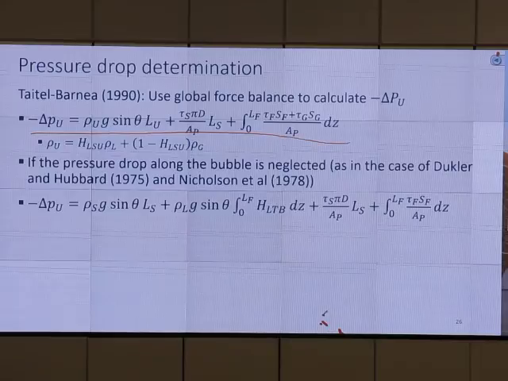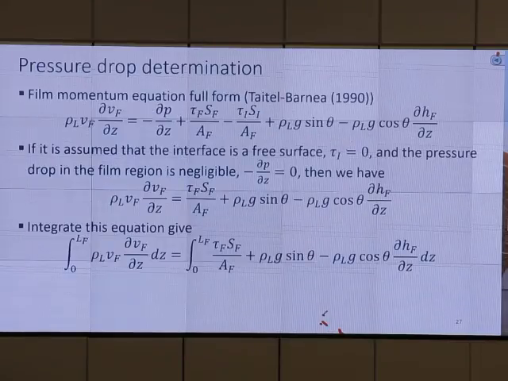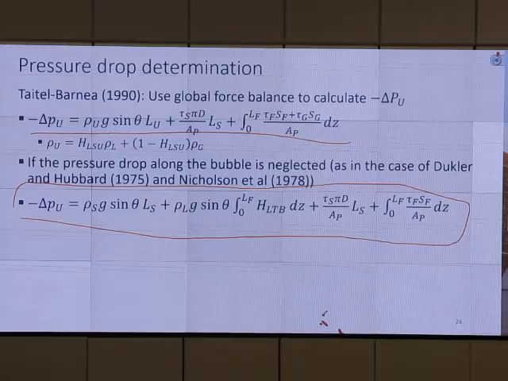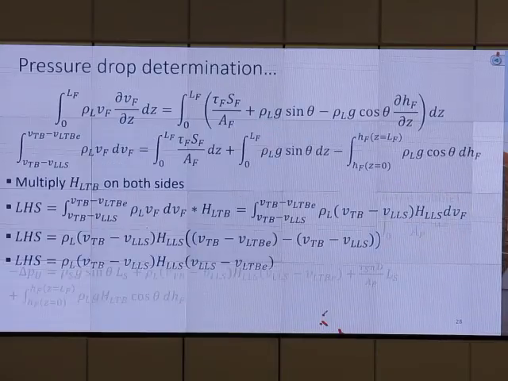That's the global force balance. And if we do global force balance, neglecting some term, we have that. Put what we get back in here. Do it at home too.